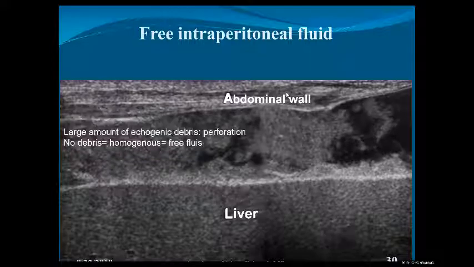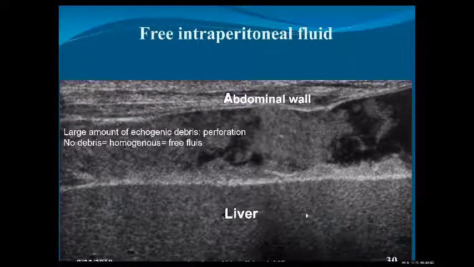You can see the abdominal wall. You can see fluid here. This is inside. The fluid appears to be black, but also you can see that there is some tissue inside it. So it looks like more turbid fluid. So it looks like there is debris and there is perforation probably, and stool and other stuff appear, and maybe inflammatory materials.